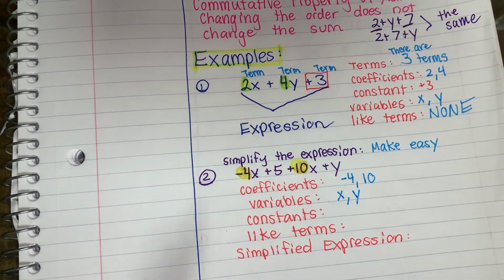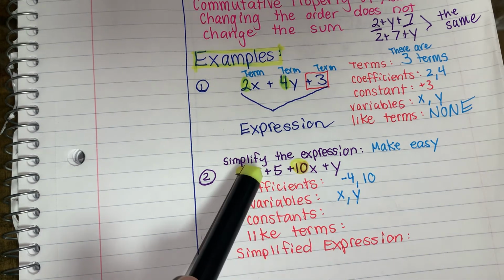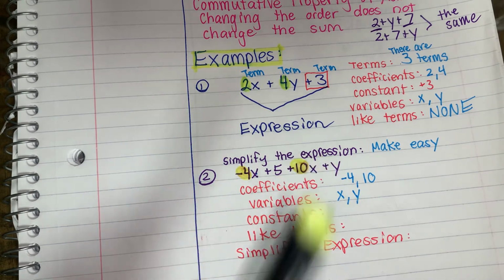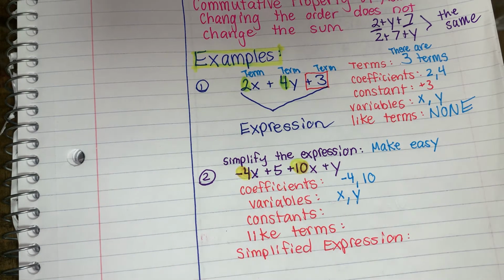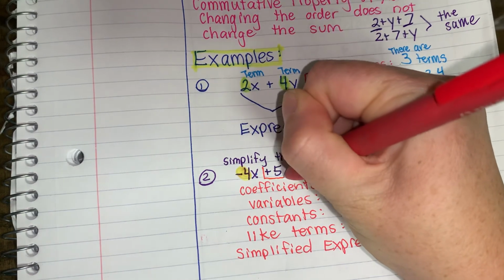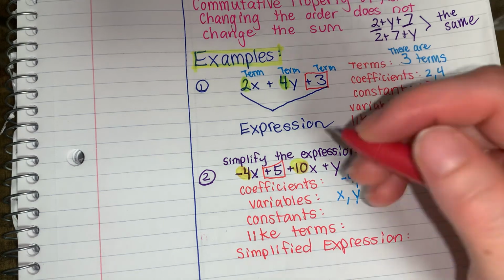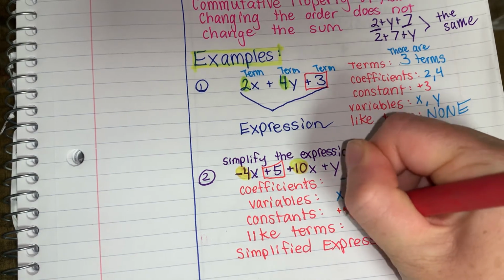Okay, you notice I didn't list the x again because remember, x represents the same thing. If x represented 2 here, it still represents 2 there. And then the constants, anything by itself, the only constant I see is the number 5. I don't see any other numbers hanging out by itself. So I'm going to put a positive 5 there.